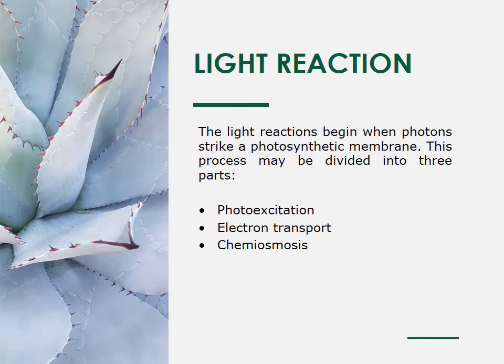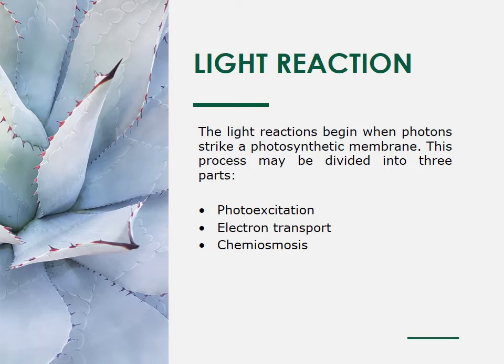It's just the movement of protons through ATP synthase, an enzyme that converts ADP to ATP. The full meaning of ADP is adenosine diphosphate, and ATP is adenosine triphosphate. And this ATP is the energy currency of the cell.